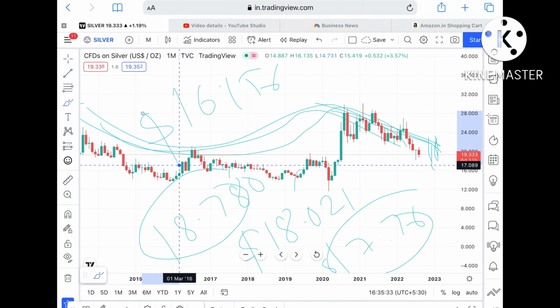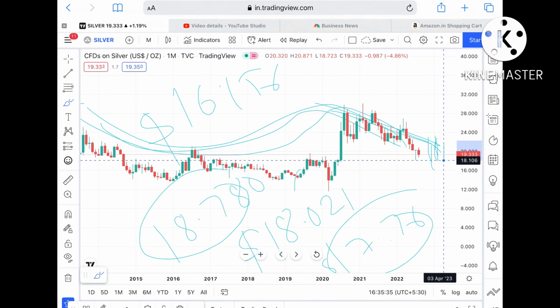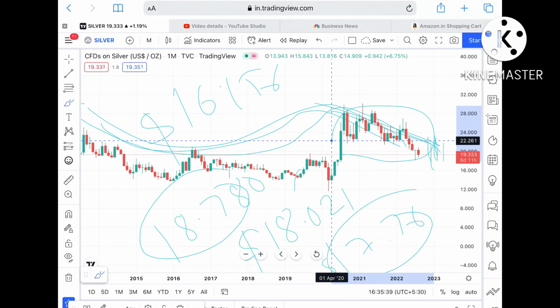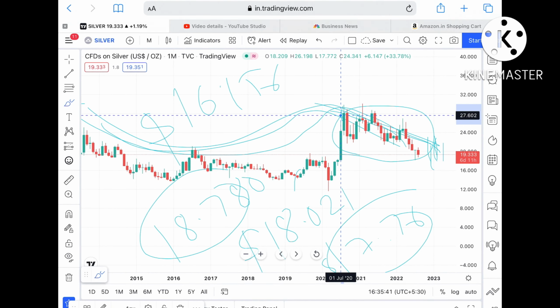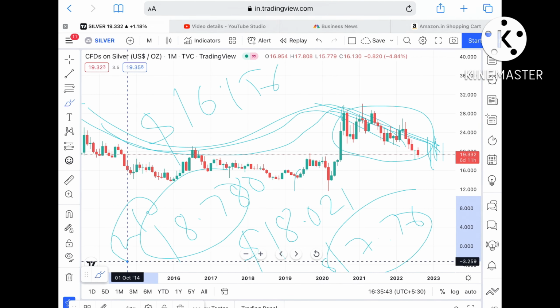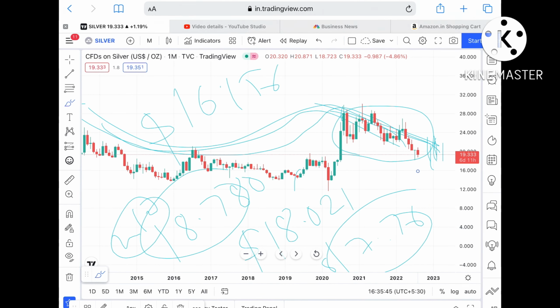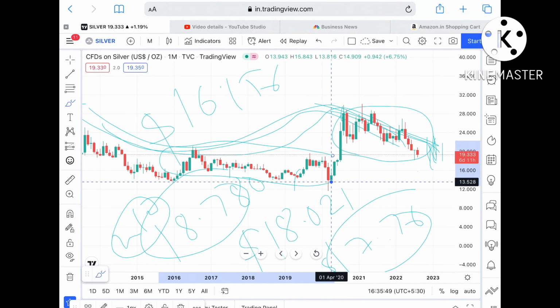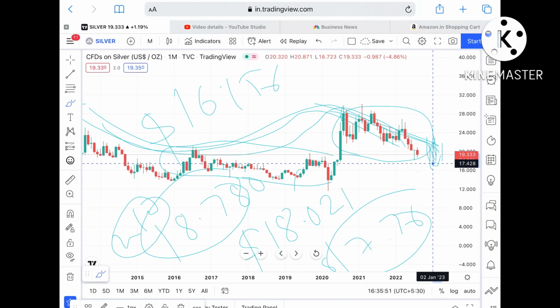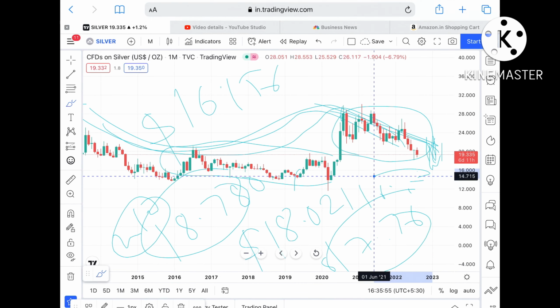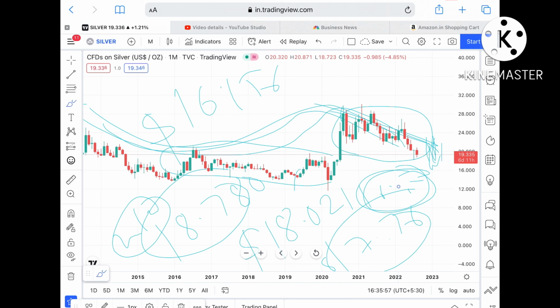Once the price goes below this level, because as you know 18.01 is a support, and since July of 2020 this level has not broken, once this goes down it will come into this zone, and the probability of going towards 16.156 is very high.